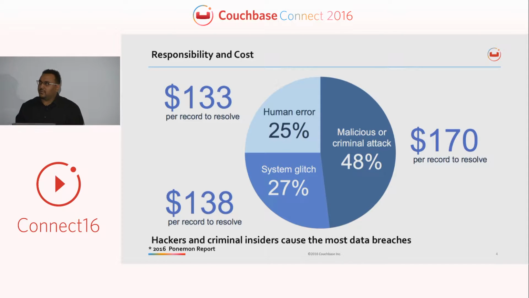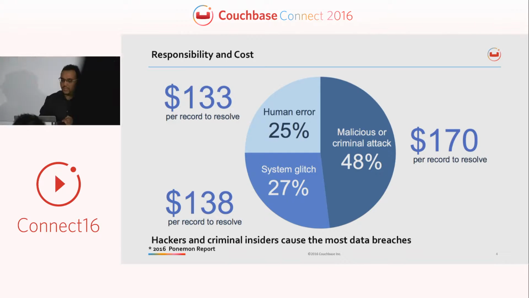So security is on top of the minds for most of the deployments of any infrastructure product. If you look at the 2016 Ponemon report, which is pretty recent, you'll see that the report reports three main causes of these kinds of security breaches.